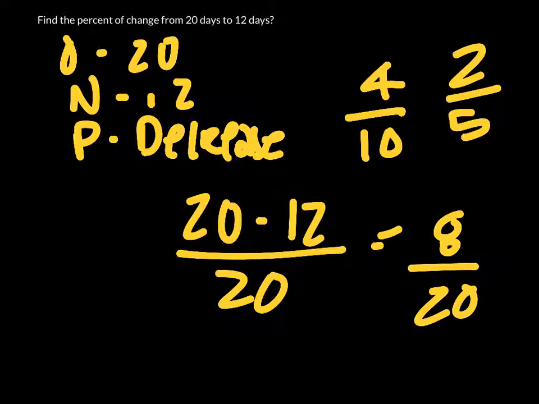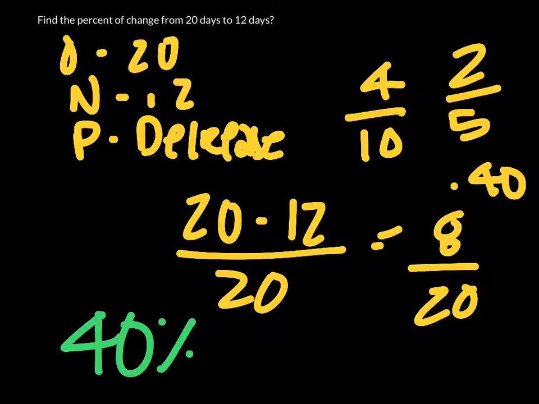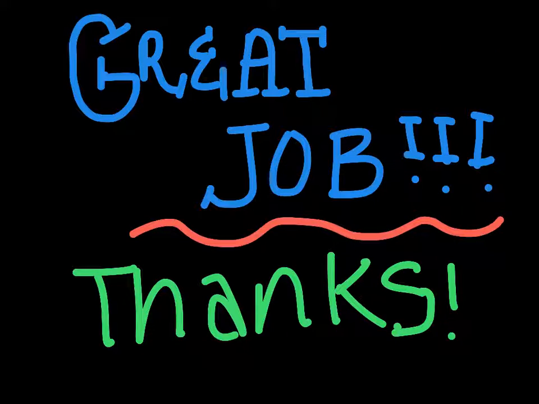When I see 2 over 5, I think about $20 bills, because 5 $20 bills makes 100, and 2 $20 bills makes 40 dollars. So that means that 2 over 5 is 0.40, and so the answer is 40%. So we had a 40% decrease from 20 days to 12 days.